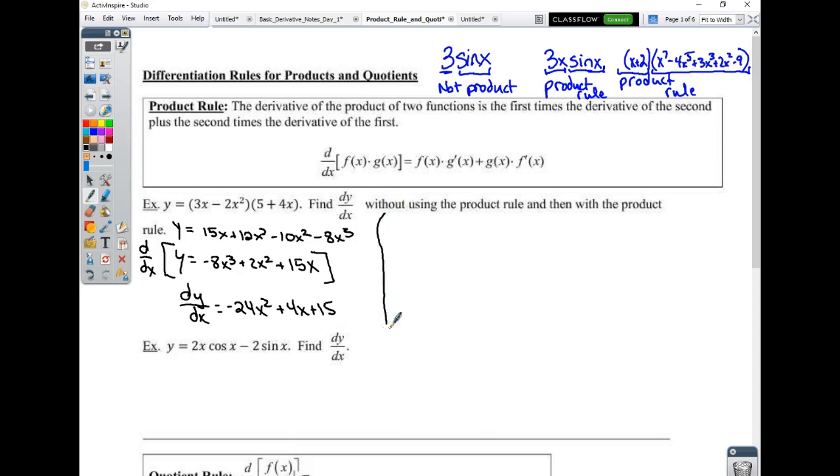What's the product rule say? Product rule says that if y is equal to 3x minus 2x squared, that's it. Yeah, we're done.